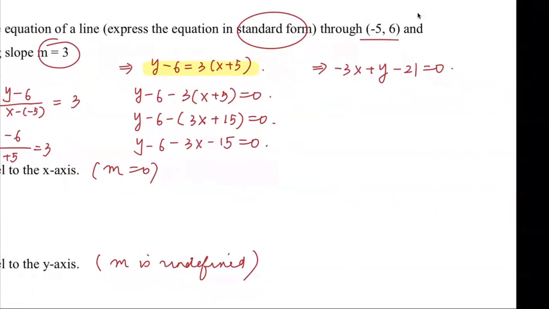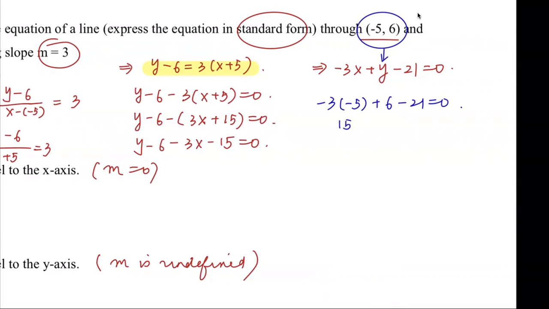If we plug this point in this equation, that will be minus 3 times minus 5 plus 6 minus 21 is equal to 0. Right? So minus 3 times minus 5, that's 15.